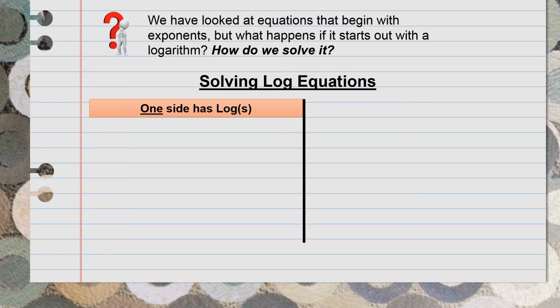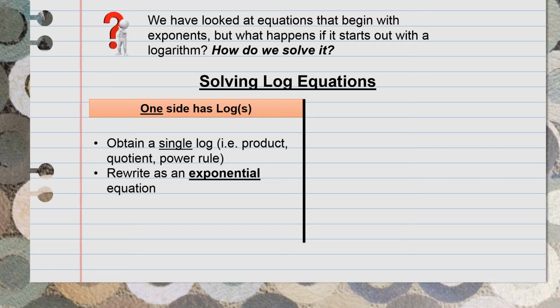If one side of the equation has logs, then the first thing you will do is make sure to obtain a single log on that side by using the product, quotient, power rule, anything that you can, such that you only see log written one time on one side. Once you've done that, you rewrite the equation as an exponential equation.